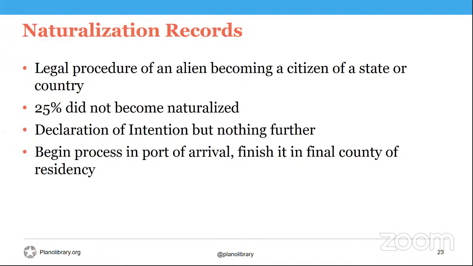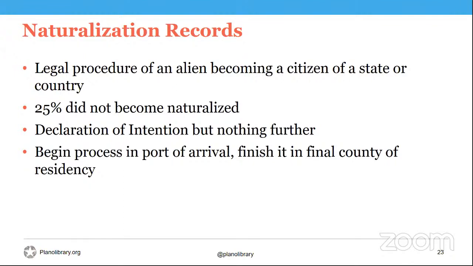Sometimes when they naturalized, it was 5 years later, and they didn't always have all of their records with them. And so when they naturalized, there were times when they were guessing at the time that they arrived, and that information is not always accurate.